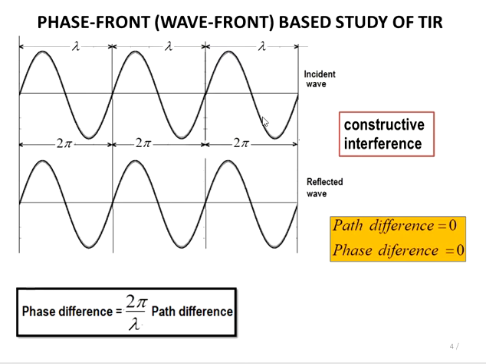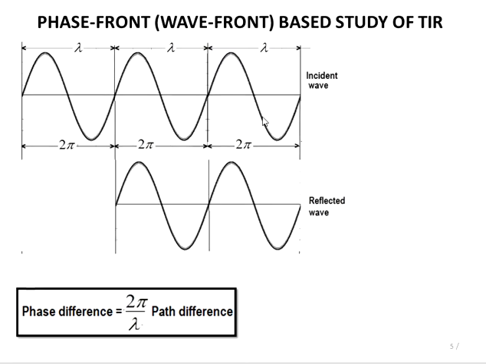Let's shift this reflected wave by 1 lambda, that is shifting the wave by 2 pi radians. Now the phase difference between incident and reflected wave is 2 pi radians. Again, their maxima are coinciding with each other, they will get added, and again we will get a constructive interference.